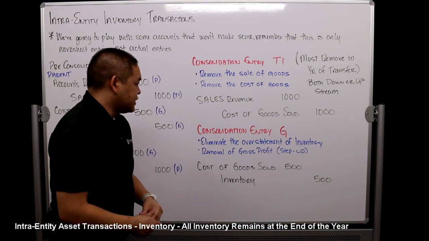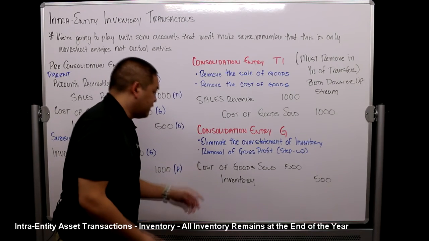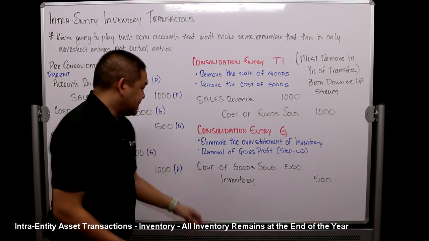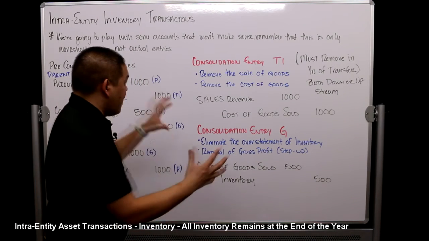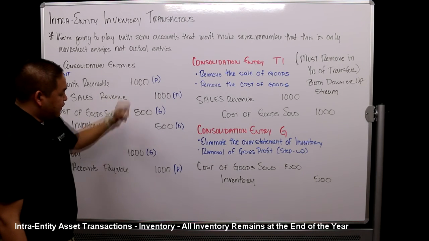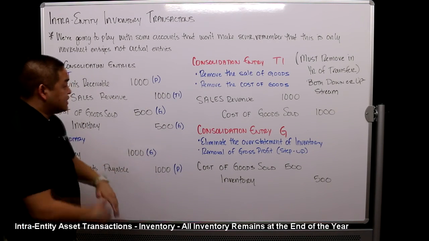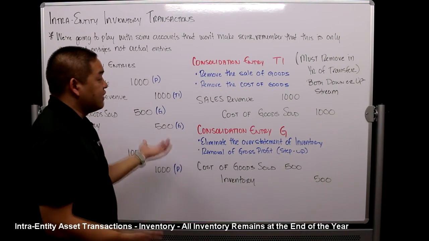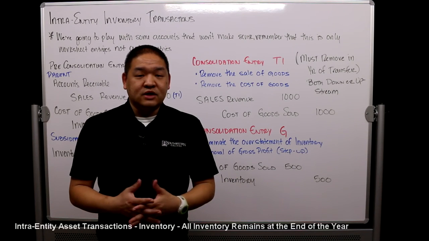For consolidation entry G, we eliminated the overstatement of inventory and we removed the gross profit step up by debiting cost of goods sold and crediting inventory. That makes all of this happen, and notice here, TI will remove that, G's will remove that, and then P's would remove that. So at the end of the day, we've done all of our entries that remove those intra-company transactions.